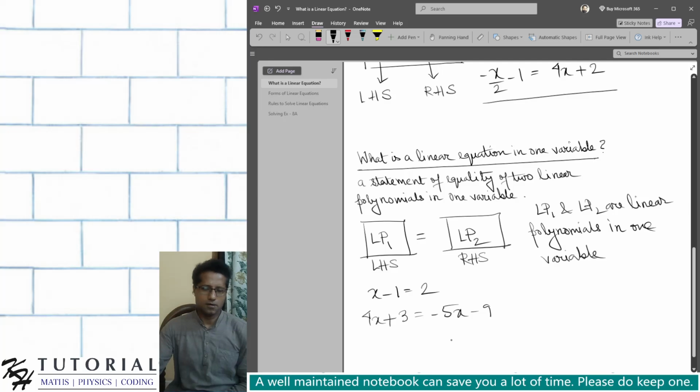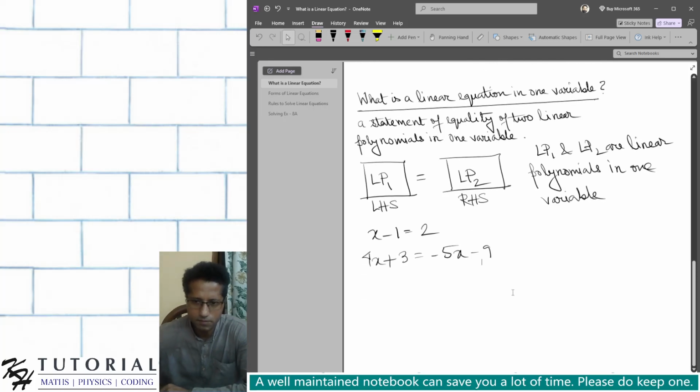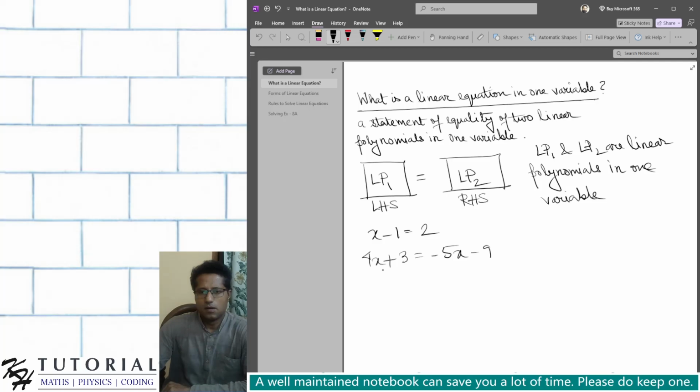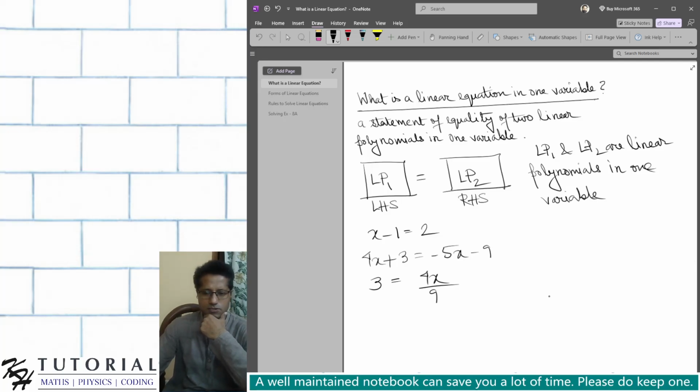This is a linear equation in one variable where both the LHS and RHS are linear polynomial in one variable. It could be like 3 equals to 4x by 9, where in this example the RHS is a linear polynomial in one variable, but the LHS is a constant number.